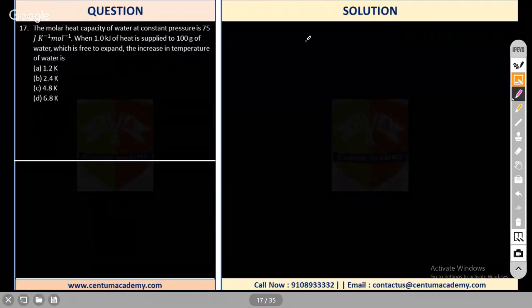Okay, you see, molar heat capacity of water at constant pressure is 75 joule Kelvin per mole. So Cp is given, 75 joule Kelvin per mole.